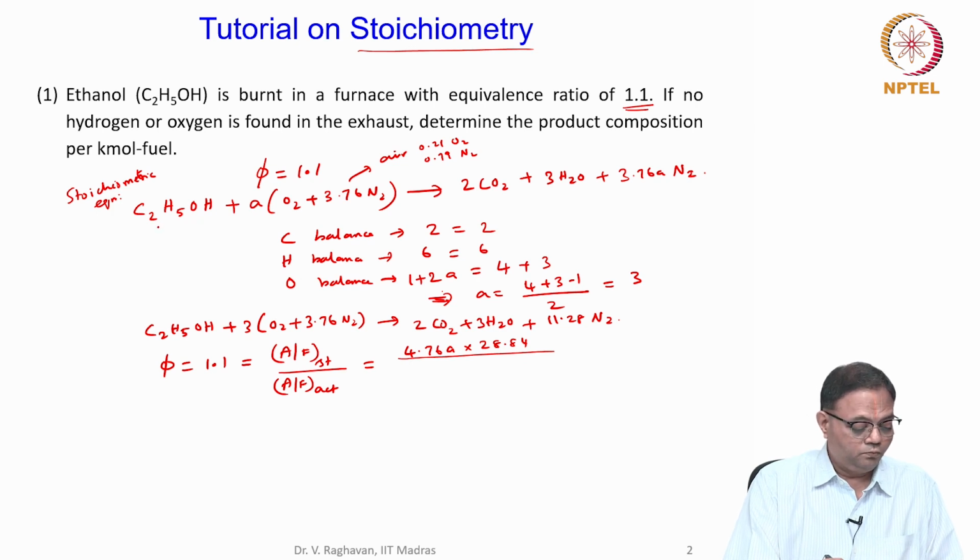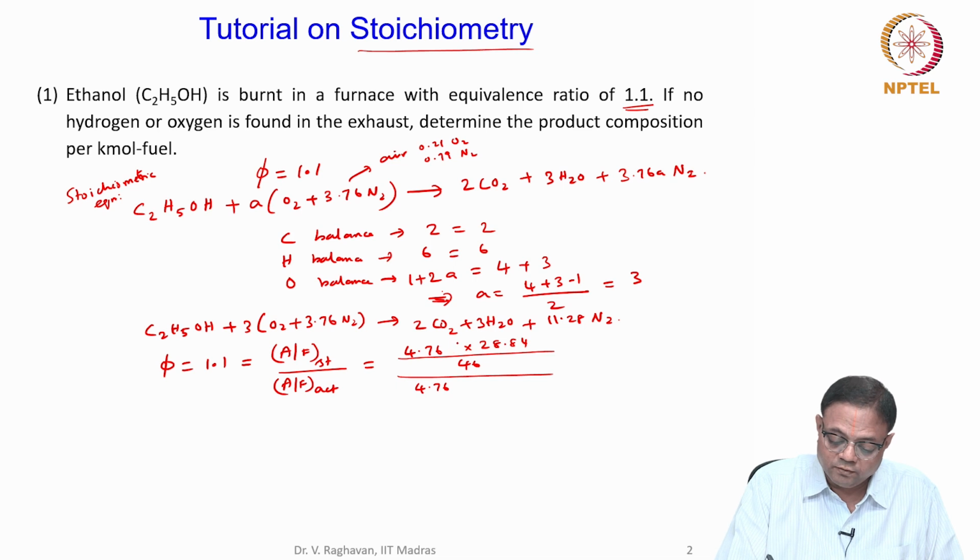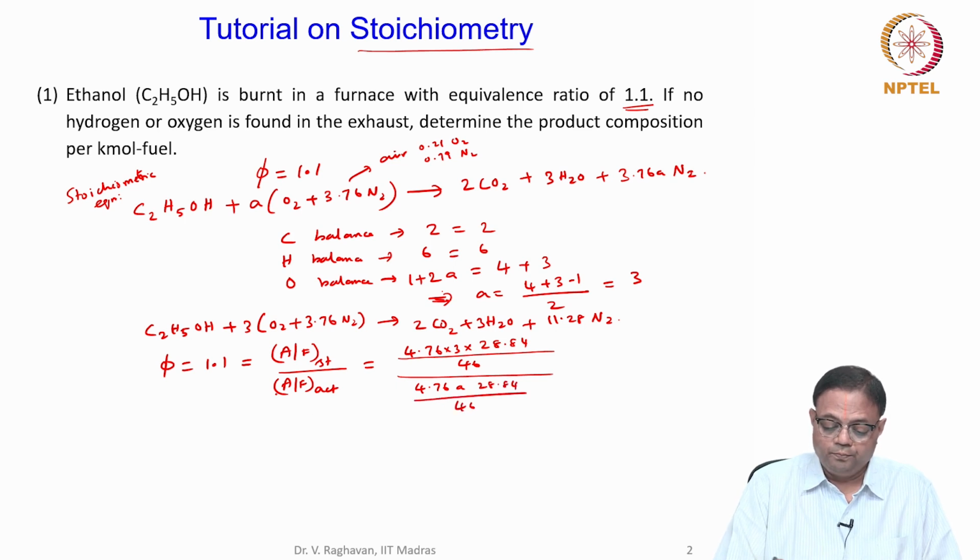So that will be 24 plus 6, 30 plus 16, 46. So that will be the stoichiometric divided by actual air fuel ratio. Here A is known, I'll just put 3 itself here. Here I don't know, so I'll just put A here into 28.84 divided by 46. So this is given as 1.1.